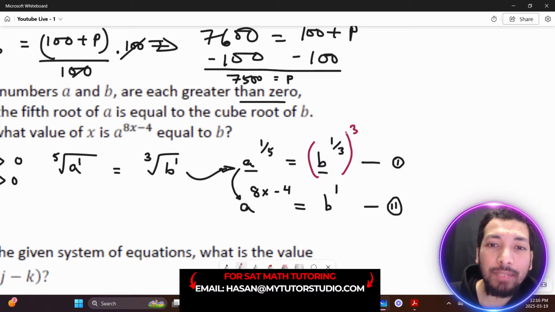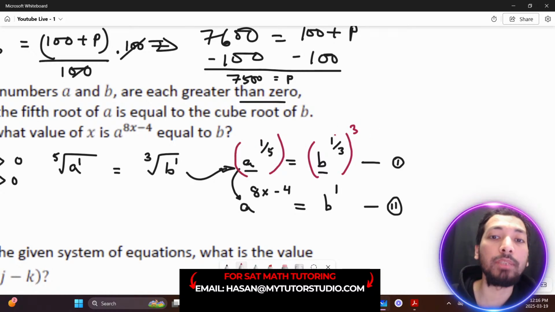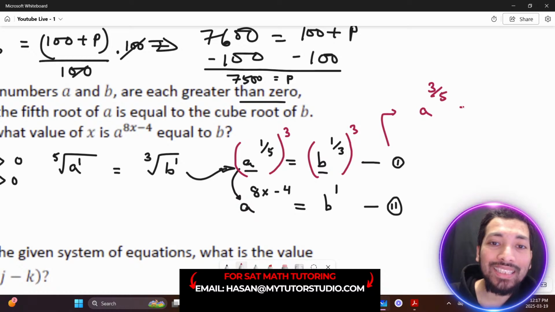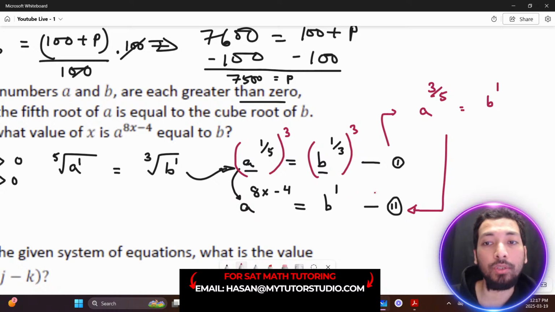So 1 over 3 times 3 will just give me 1. For any equation, you do it on both sides. So I'm just taking a cube exponent on both sides. When I do that, equation 1 turns into a to the power of 3 over 5 is equal to b to the power of 1. And we can compare this with equation 2: a to the power of 8x minus 4 is equal to b to the power of 1.